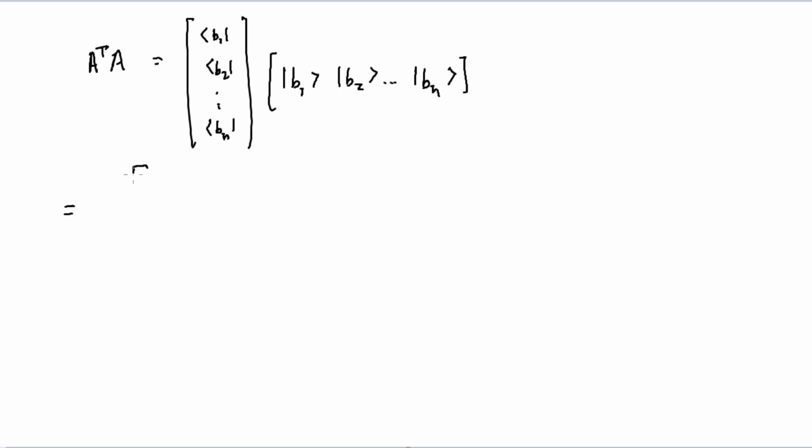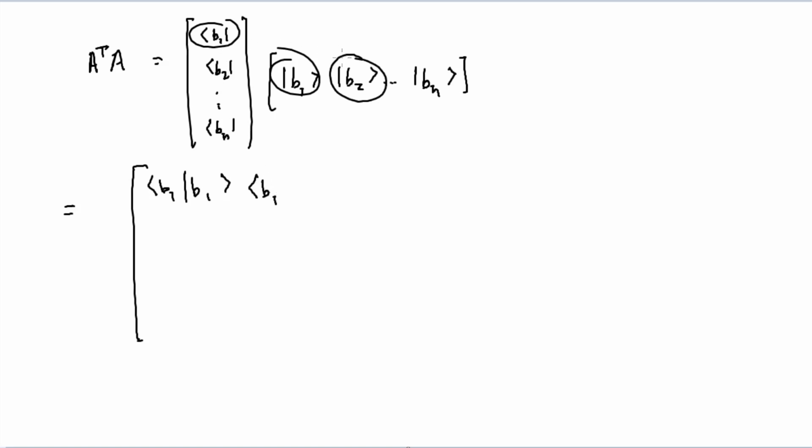This should be equal to a matrix, again, with dimensions n by n, composed of B1 and B1, so B1 multiplied by B1, and then B1, right, and then going to B2, and so on and so forth until we reach B1 multiplied by Bn, which is essentially your last element in this given row here. And if we continue this pattern, then we go to B2 for your second row, right?